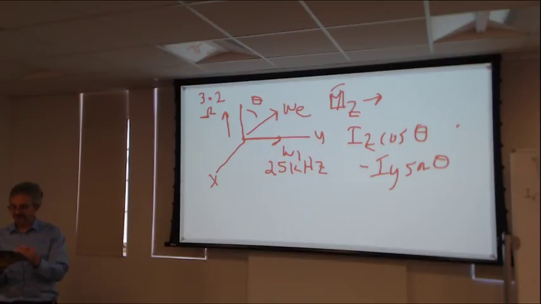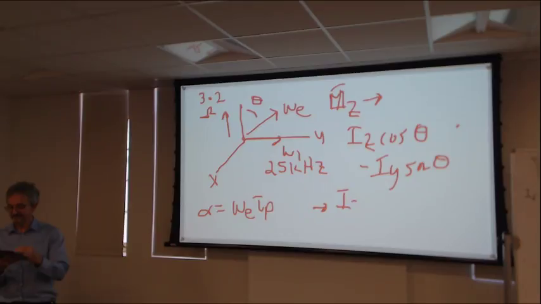And then in step 2, I rotate the magnetization around the z-axis by the angle alpha, where alpha will be omega E times the length of the pulse. So nothing happens to IZ.